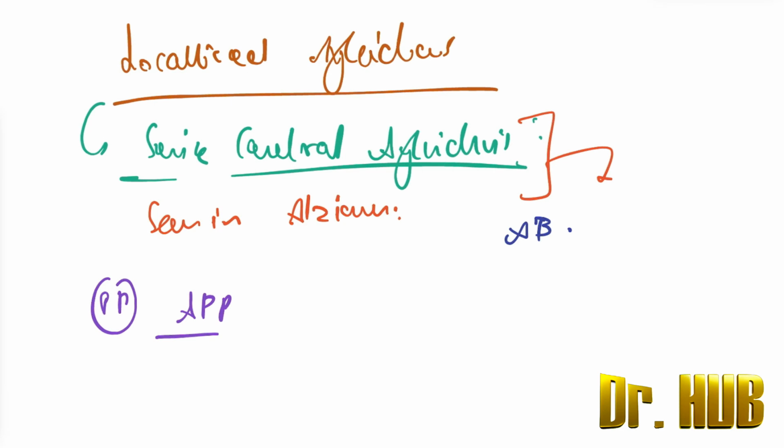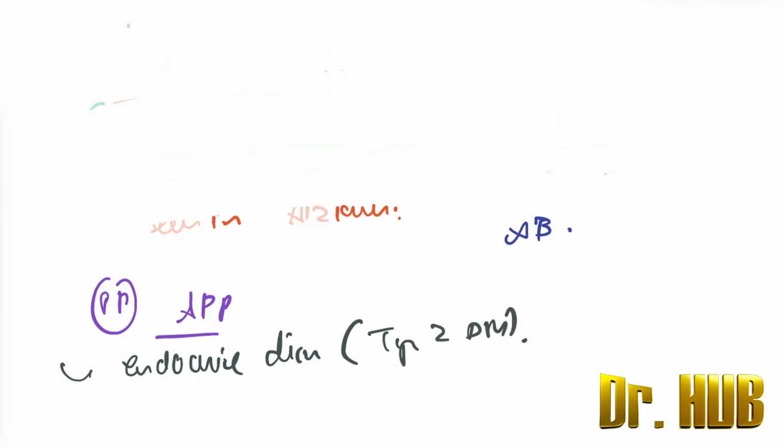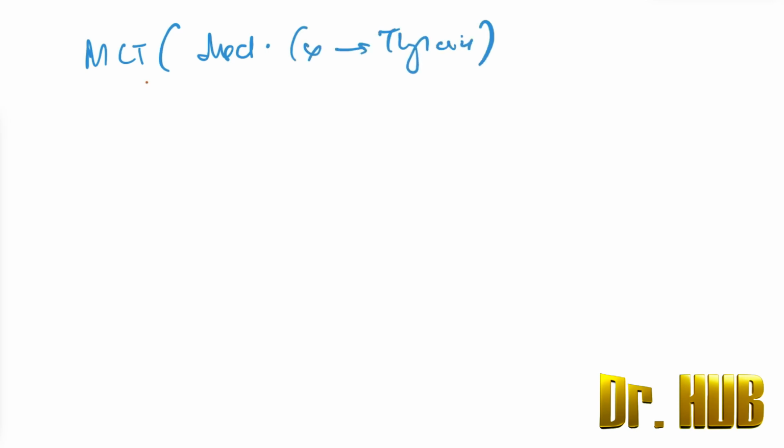Then what are the other categories? It also includes the endocrine disorders, such as type 2 DM. Then we move on to the medullary carcinoma of the thyroid, MCT. Here the fibril protein is the ACAL, and the precursor protein is going to be calcitonin.